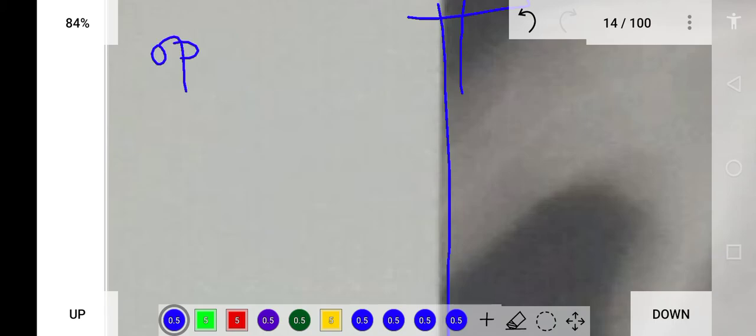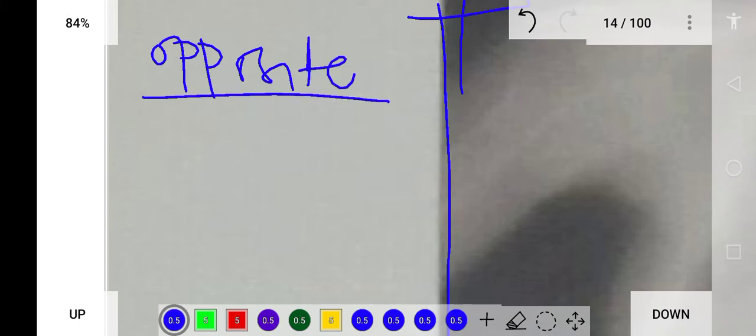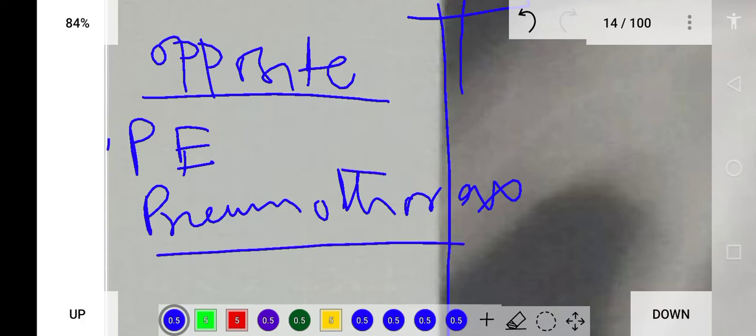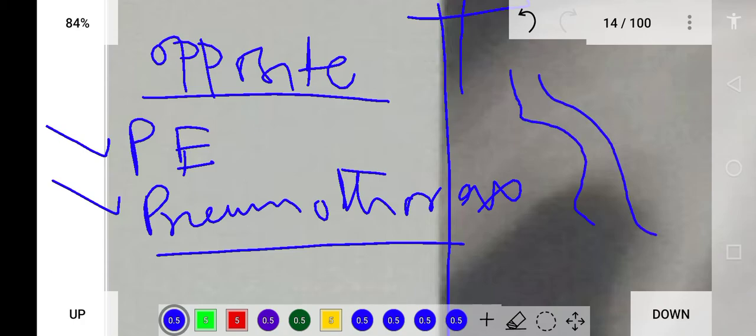When the trachea is shifted to the opposite side, there are two types of disease: one is pleural effusion and another is pneumothorax. These are the two conditions in which the trachea is deviated opposite to the affected lung.